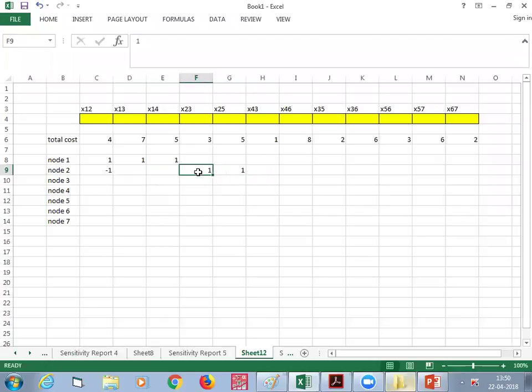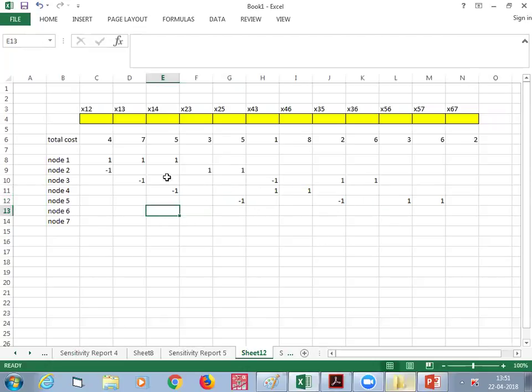Then for node 3, minus x13 minus x43 and plus x35 plus x36. In node 4, minus x14 plus x43 plus x46. Node 5, we have minus x35 plus x56 plus x57. 2,5 is also there, sorry. 2,5 and 3,5, 5,6 and 5,7.